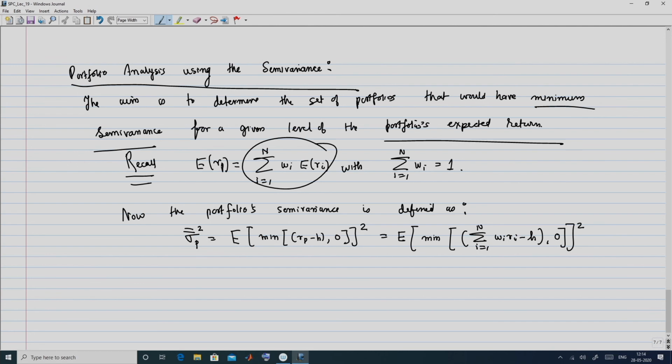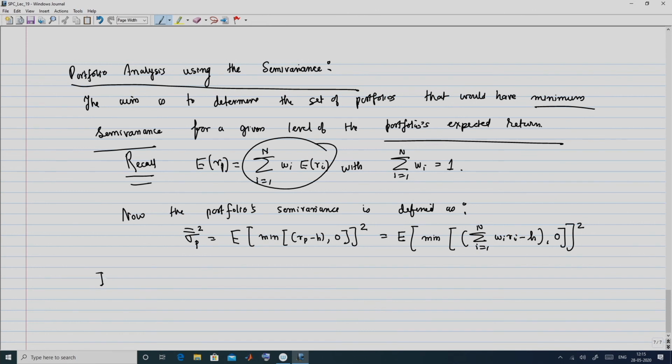Alright, now this problem is not exactly trivial or straightforward as it was the case in the mean variance framework, and will require numerical computation to ascertain the portfolios that will lie on the efficient frontier. So, I will just give a sketch of the motivation behind this and how it can be accomplished.